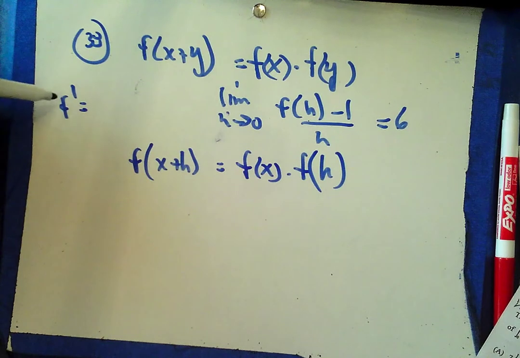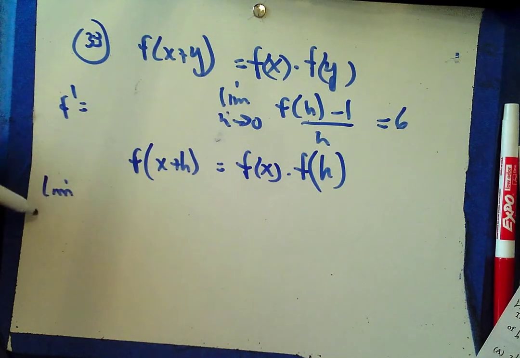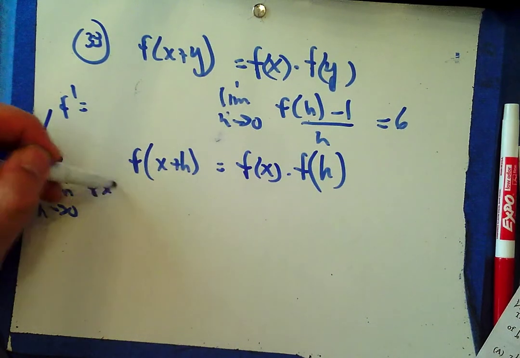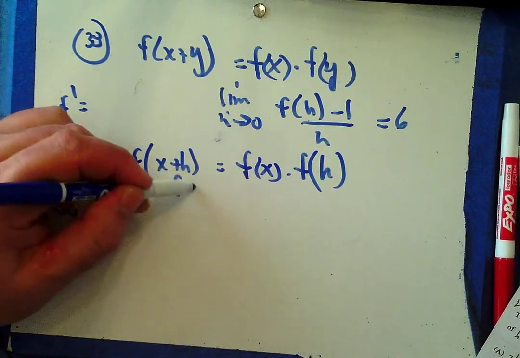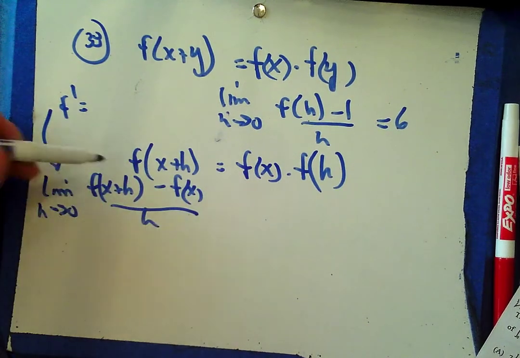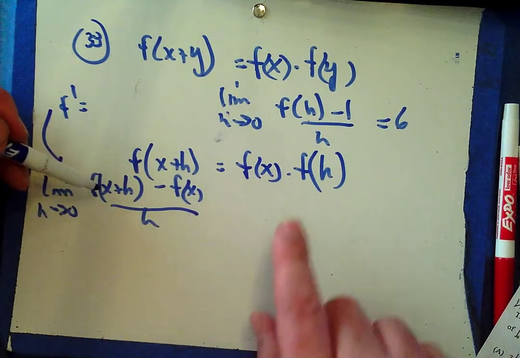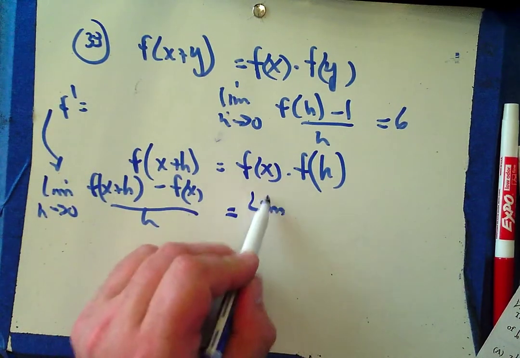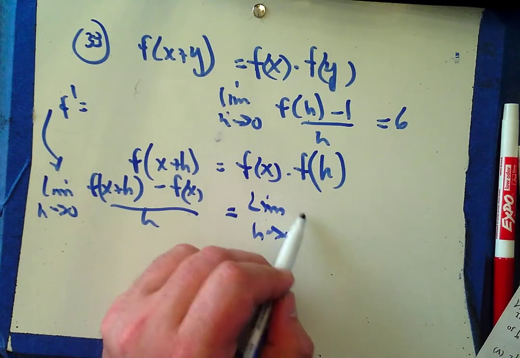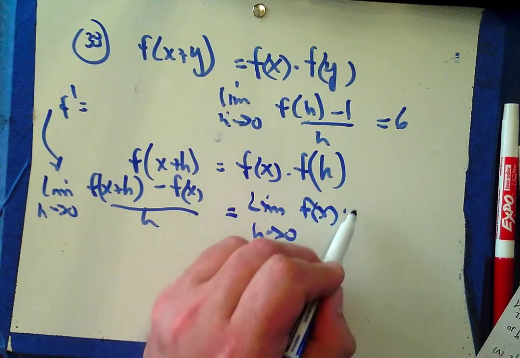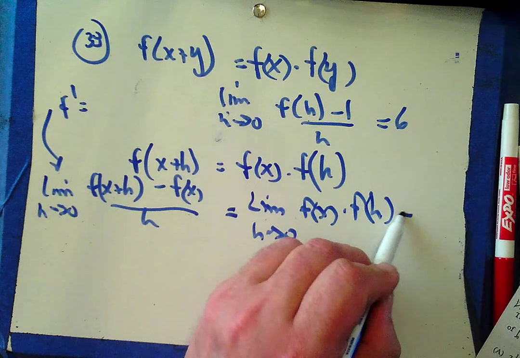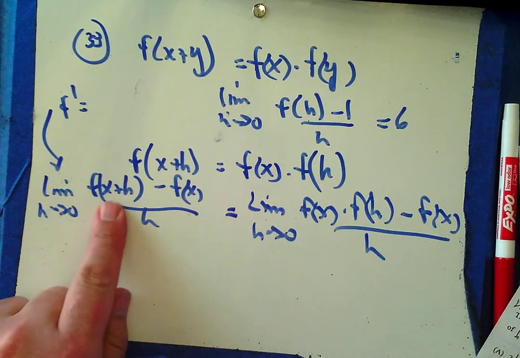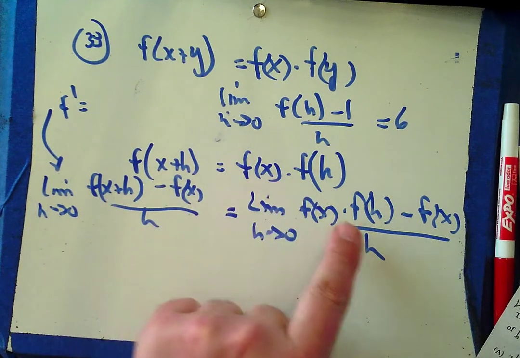And if I go back to my limit definition of the derivative, the limit as h heads to 0 of f of x plus h minus f of x all over h, I can replace this f of x plus h with this stuff. So this is going to be the limit as h heads to 0 of f of x times f of h minus f of x all over h. So all I did was replace this with what it was equal to.